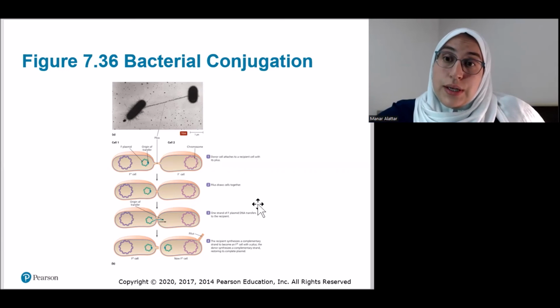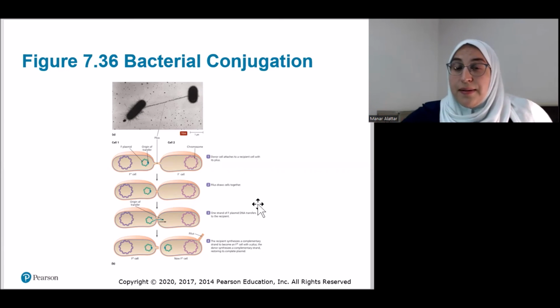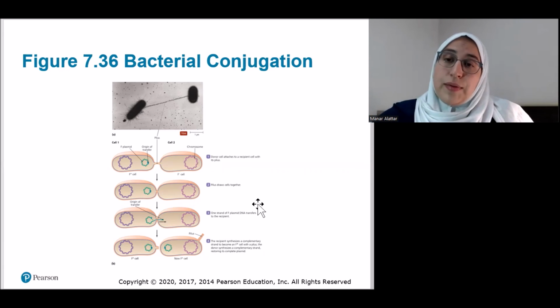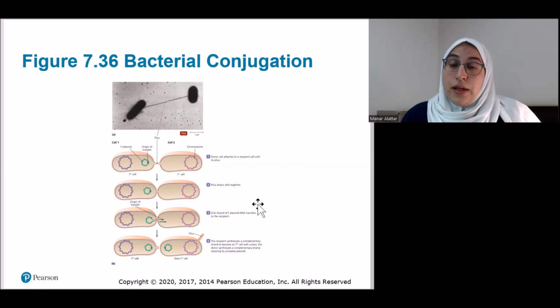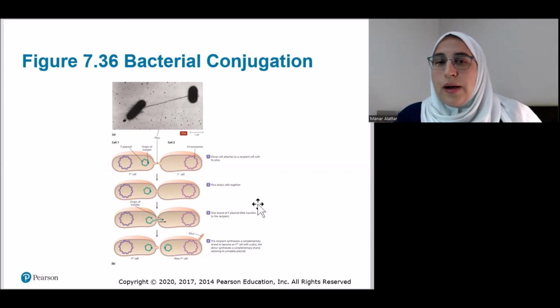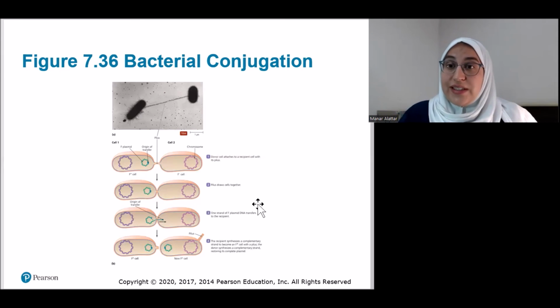So the genetic information that can be transferred between bacteria, it's brilliant because you have all of this sharing of different information. But from a medical perspective, it can be very dangerous because you can actually spread antibiotic resistance much more quickly throughout a population or throughout a community, not just one species.